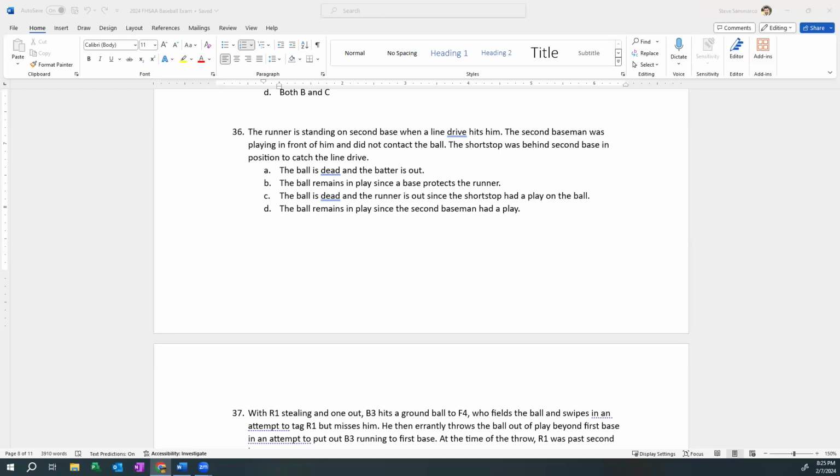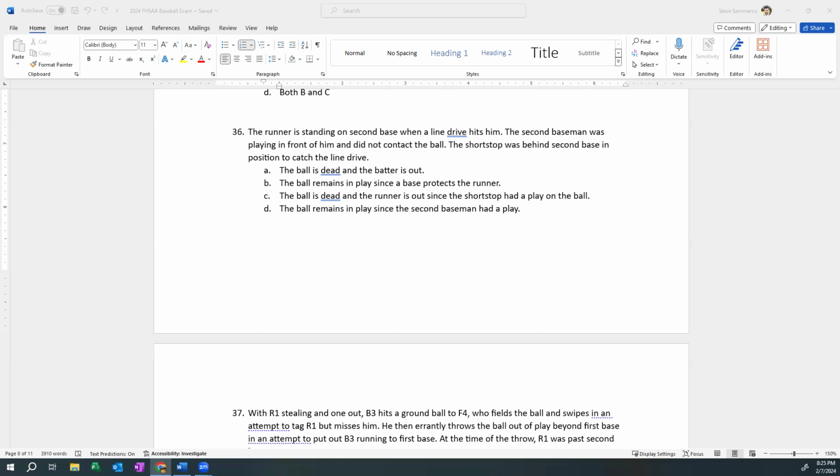But he might have been the second player. The thing about this question is it doesn't say whether the second baseman was making a play on the ball or he was picking his nose. So if he's just standing there, like you said, as a third baseman, if he's just standing there and doesn't move, then I can get with that.